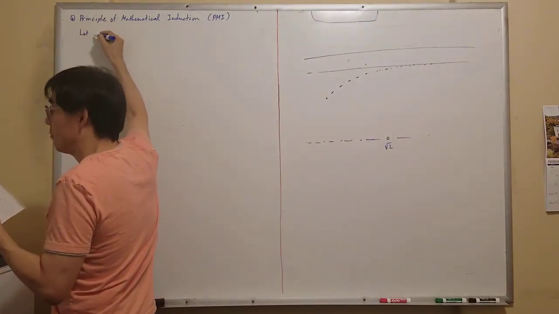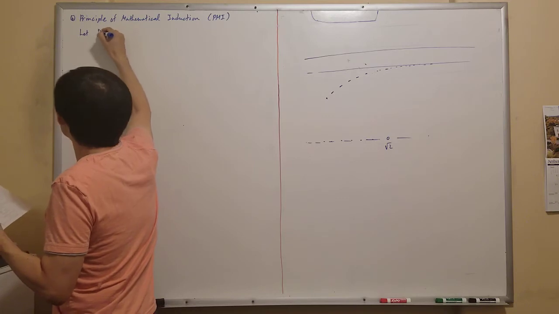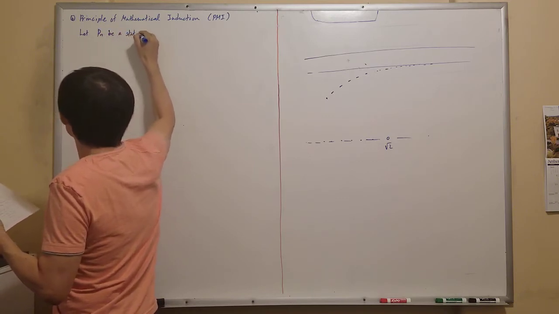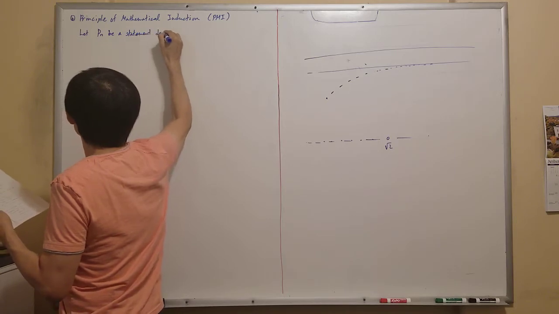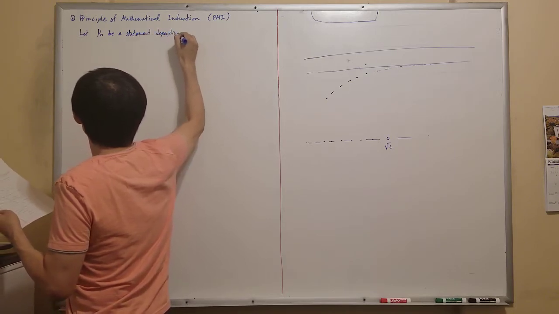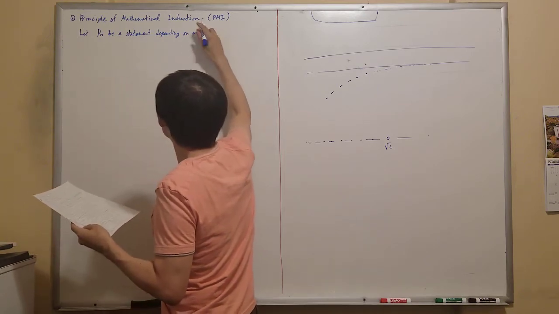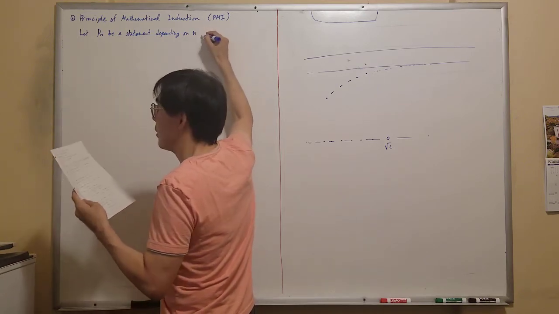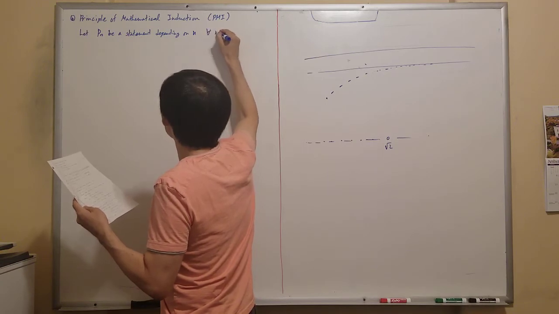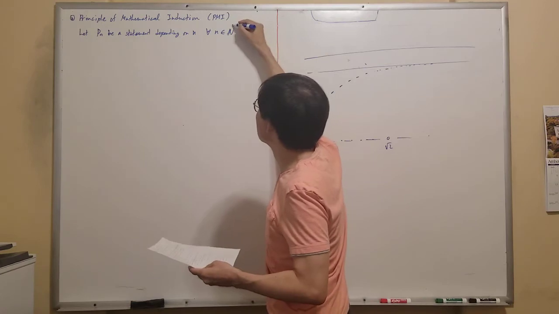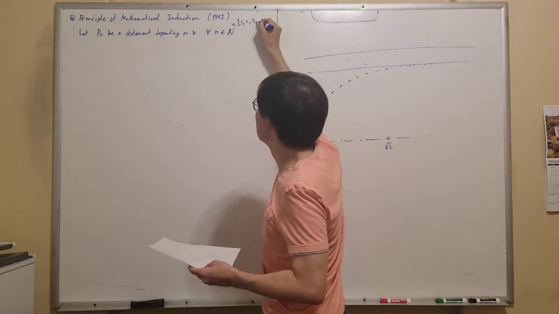Let's say P_n is a statement depending on an integer, depending on n, for all n in N, the set of natural numbers, which means 1, 2, 3.